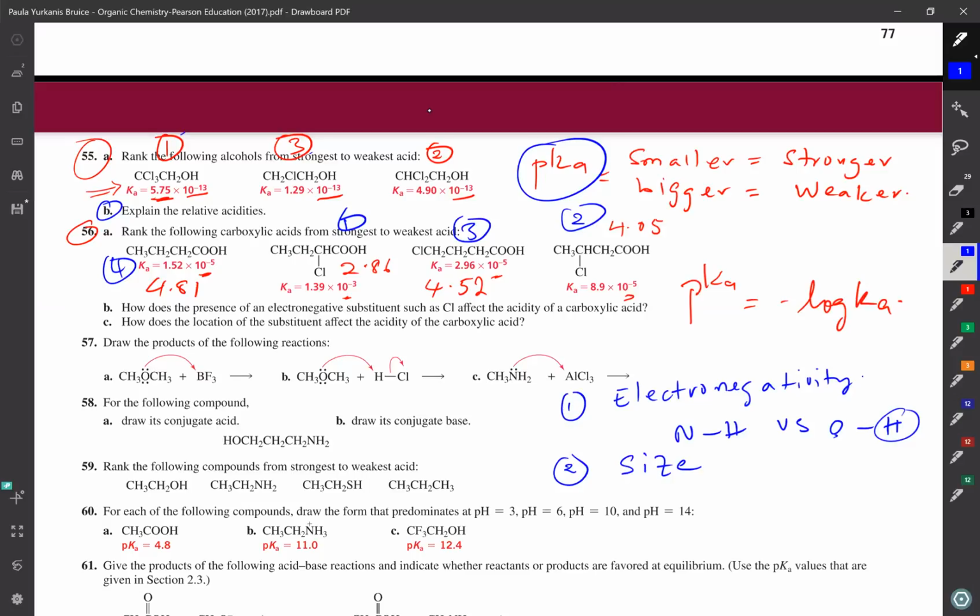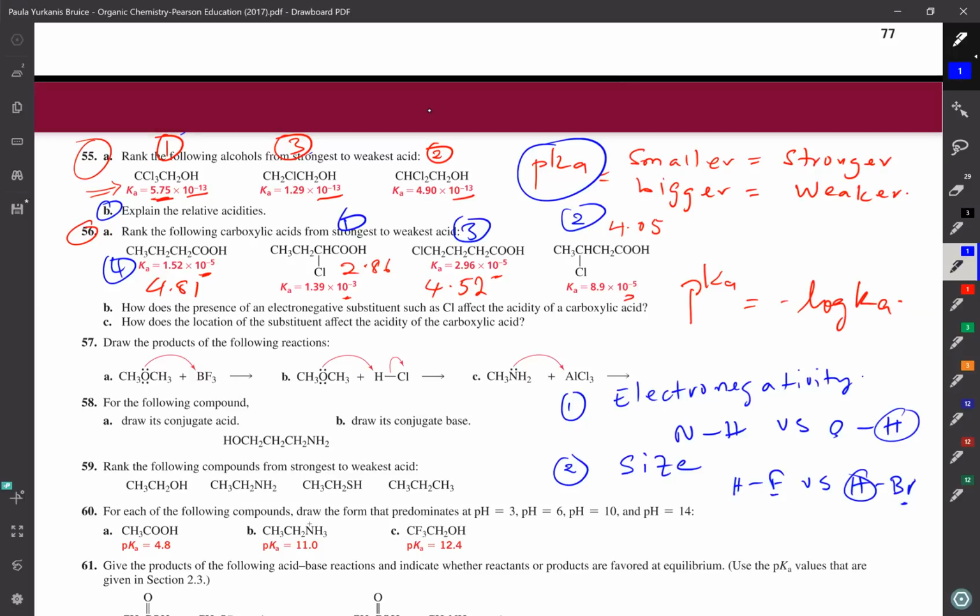For example, if I have HF versus HBr, I'm comparing them. You have to look at their sizes now. Fluorine is smaller in size compared to bromine. And because bromine is bigger in size, this will be the stronger acid.